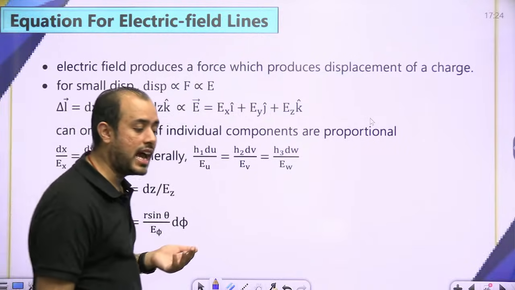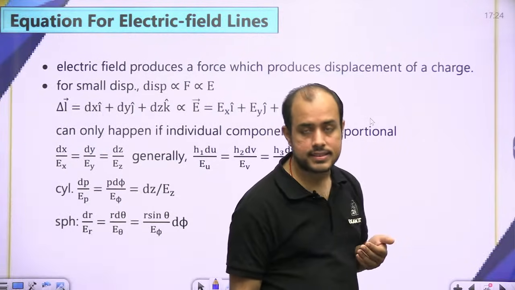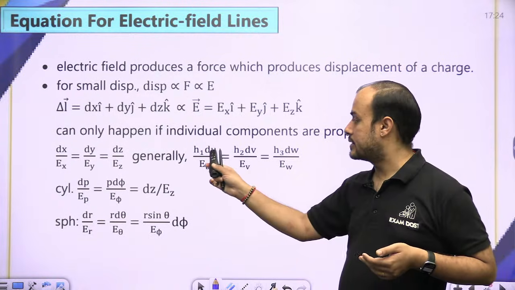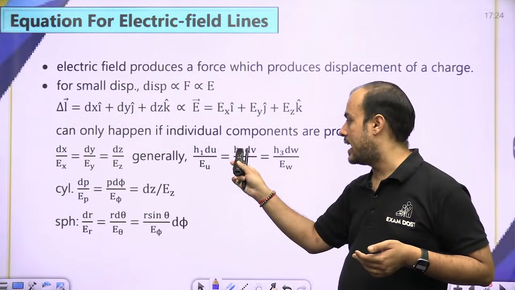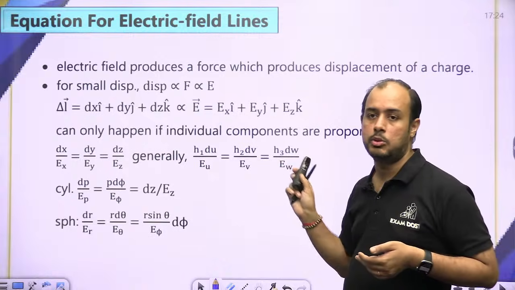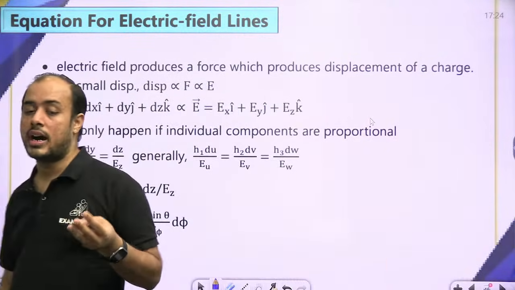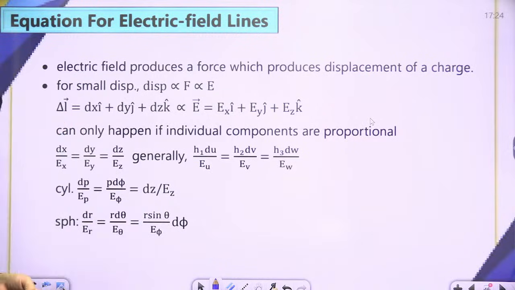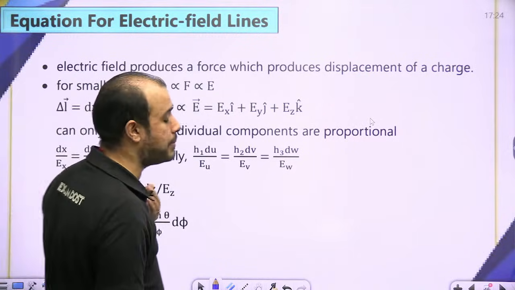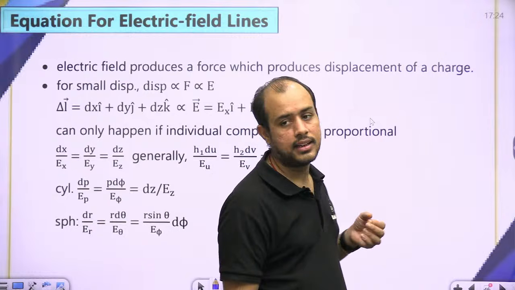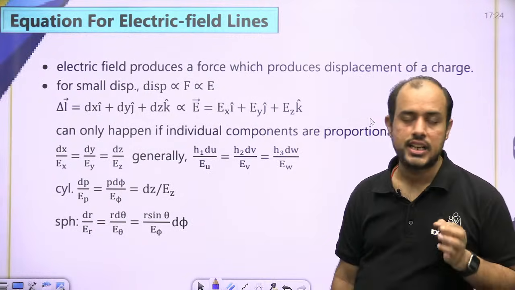But what if we have any other coordinate system? Then you write like this: h1 du by Eu, h2 dv by Ev, h3 dw by Ew. I told you what are u, v, w? u, v, w are the three coordinates and h1, h2, h3 are their multiplication factor when you write the differential length.